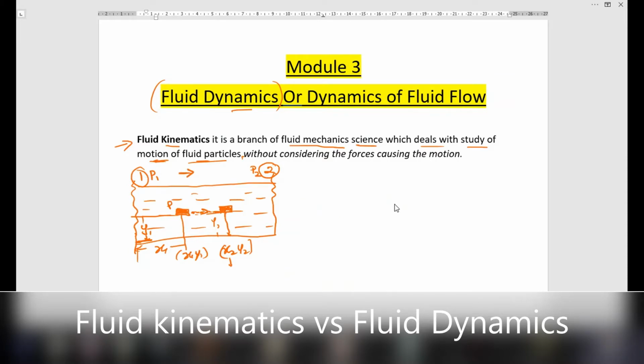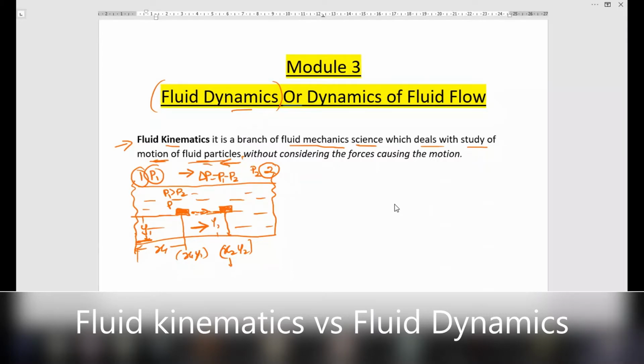That is the basic fundamental: fluid always flows due to pressure difference. There is a delta P, that is P1 minus P2. Here P1 is greater than P2, so the fluid direction is toward the right, from high pressure to low pressure. If P2 were greater, the flow would be in the opposite direction.